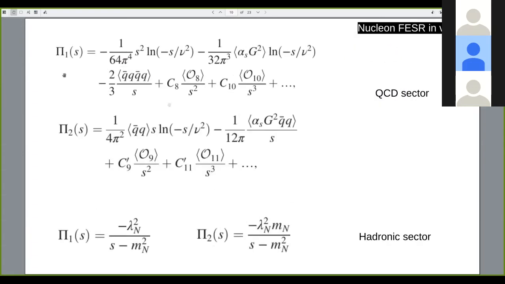So in vacuum, the first correlator, you can see that the first term is proportional to the log of S minus S squared. Then we have the gluon condensate proportional to the log, the four-quark condensate, and then continue the series in terms of higher dimension operators.